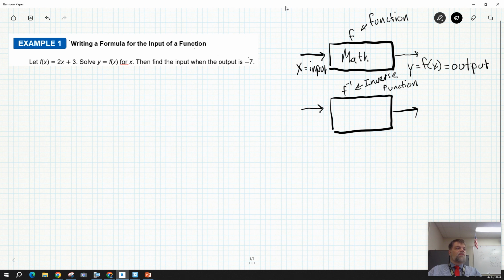Now, in this particular case, for the inverse function, whatever the value you had from f of x, or whatever the y value is, that becomes the input. And then it spits out an output because an inverse function is still a function. It does some math. And then it spits out an output, and now the output is the original value for x.